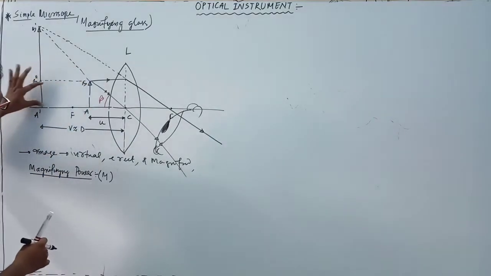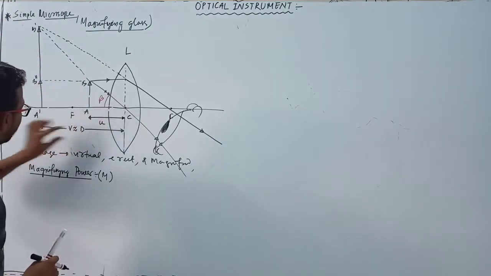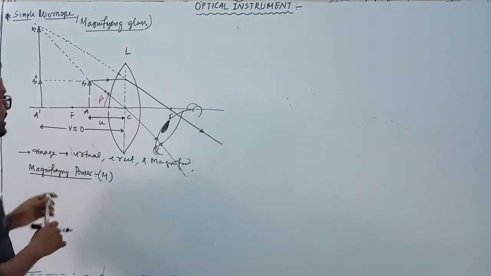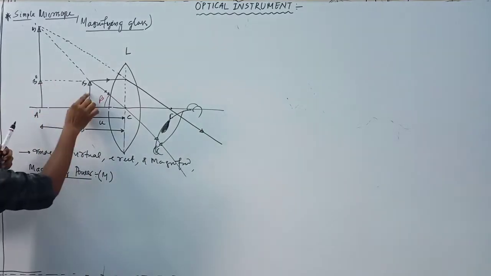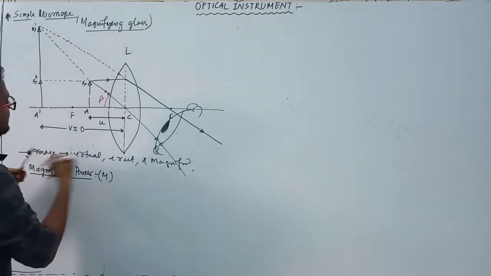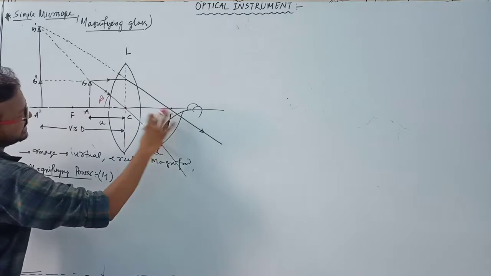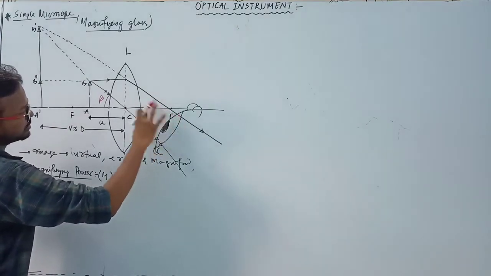This object and image are now at the distance of distinct vision, D. At that time, if this object is placed here, then we have to draw an angle from this eyepiece, because this eye is very close to the lens.